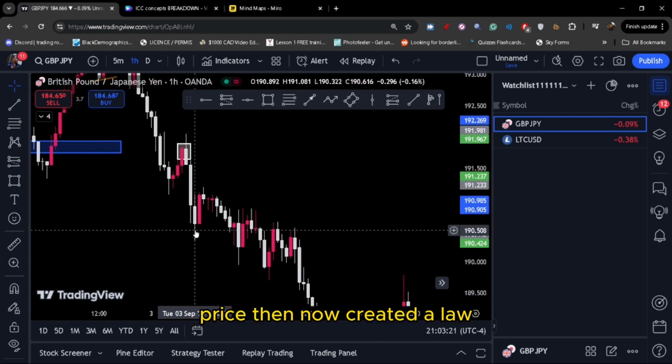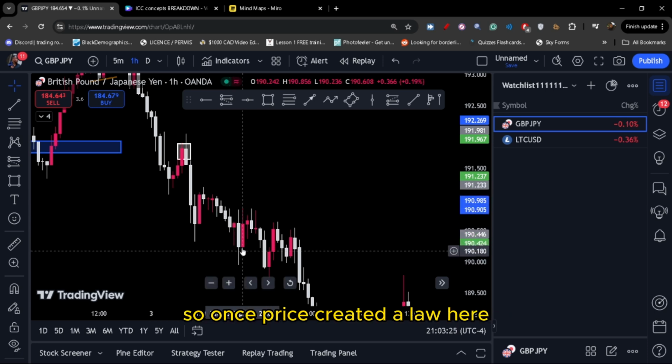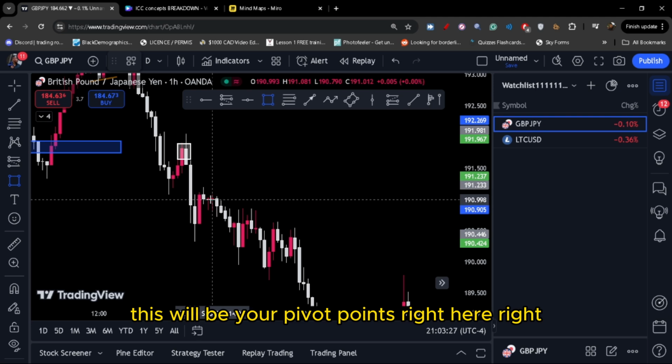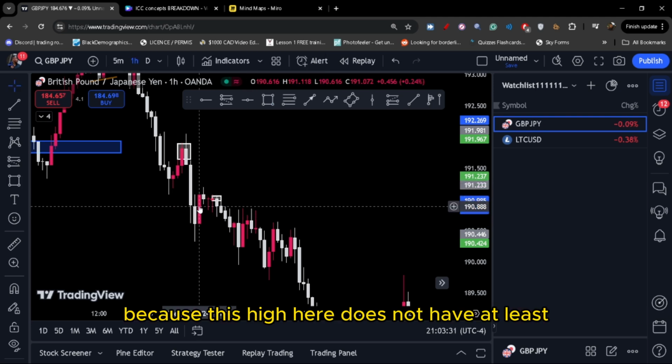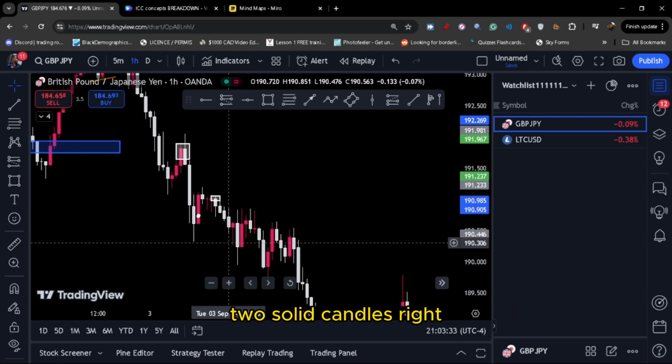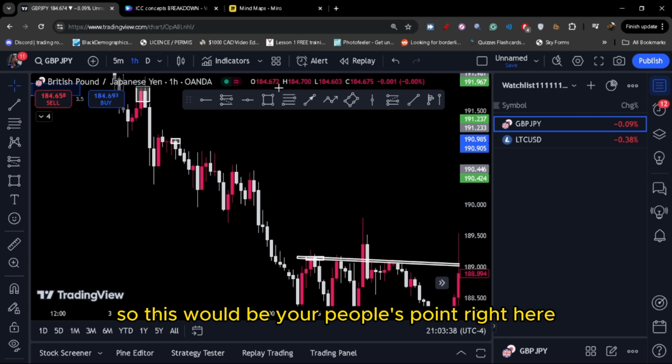Price then created a low, came again, created a high here, then created a low here. So once price created a low here, this will be your pivot point right here, right? Not this high, because this high here does not have at least two solid candles, right?